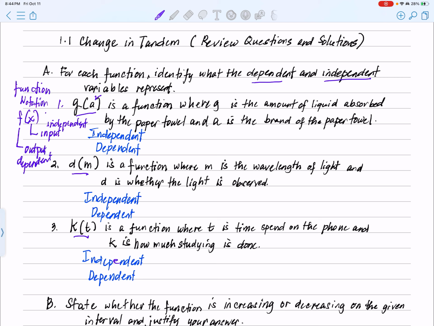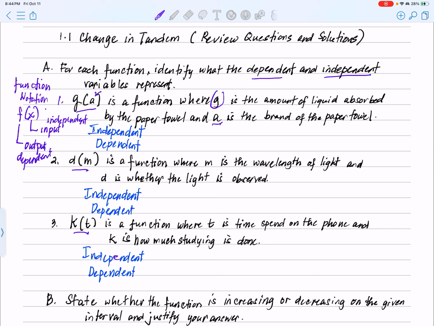So for number one, g of a is a function where g is the amount of liquid absorbed by the paper towel, and a is the brand of the paper towel. All right? So here, a is the input. Input is the independent. That means our independent is the brand of the paper towel.